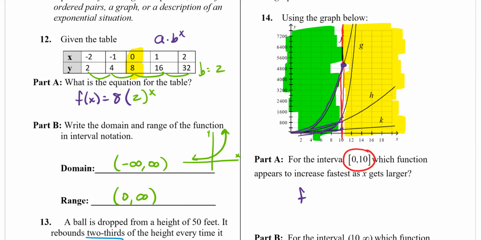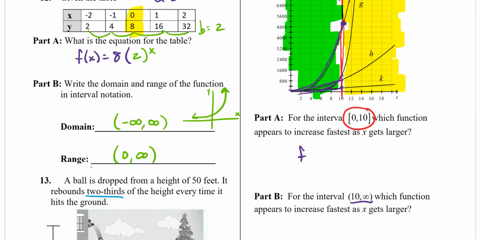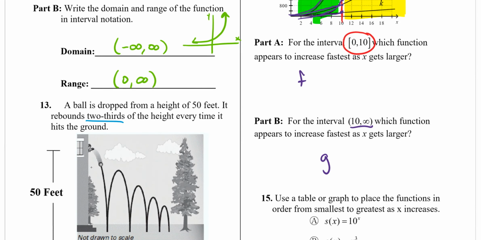So k and h are never going to catch up to f and g. But right now, f is going faster because it's still above. But somewhere around right here, we can tell that this graph is going to go here, and this graph is going to start coming inside of it because it's getting taller, quicker. So eventually, g is going to start getting bigger faster.